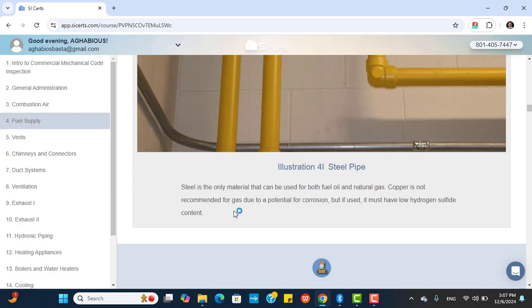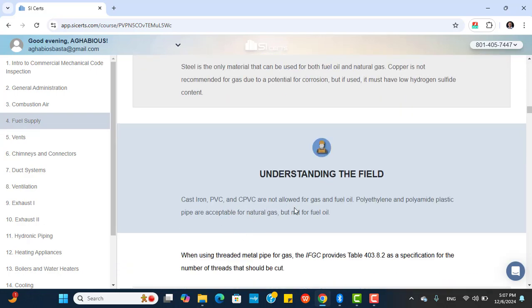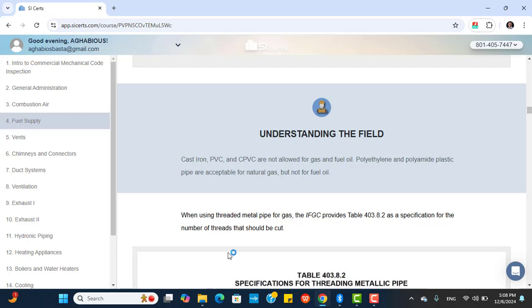Copper is not recommended for gas due to potential for corrosion, but if used, it must have low hydrogen sulfide content. Understanding the field: cast iron, PVC, and CPVC are not allowed for gas and fuel oil. Polyethylene and polyamide plastic pipe are acceptable for natural gas but not for fuel oil.